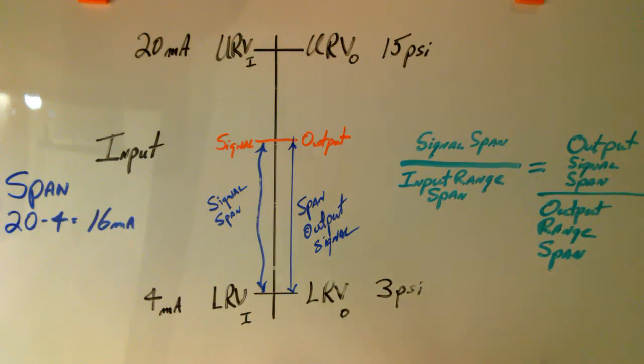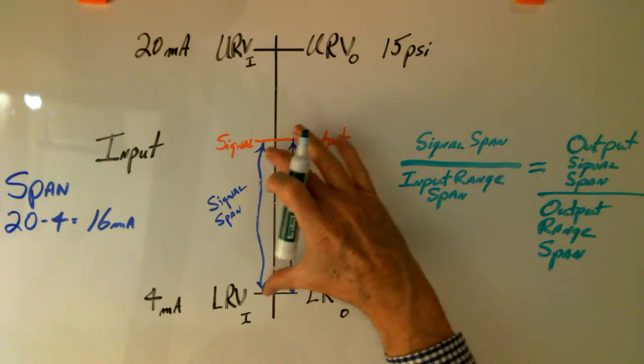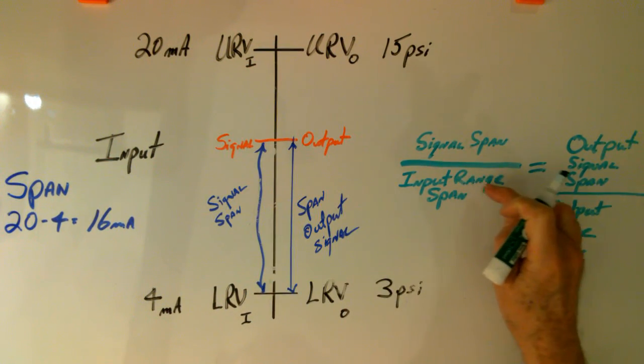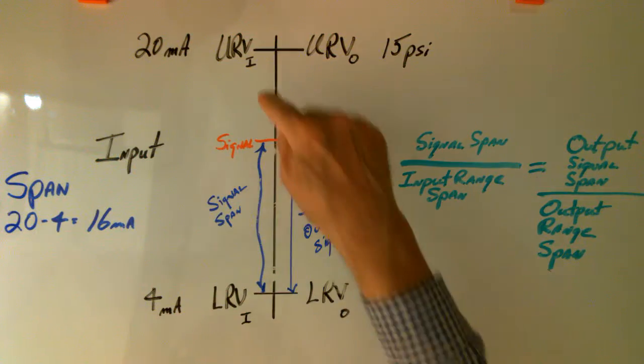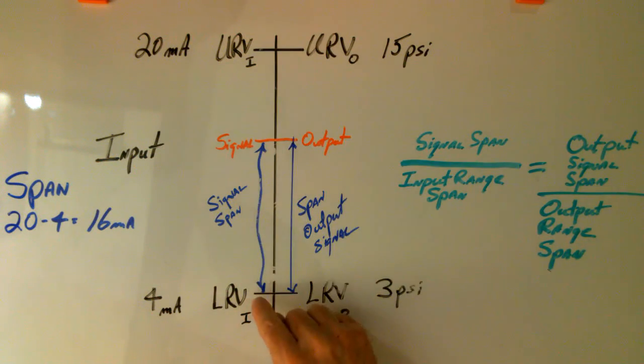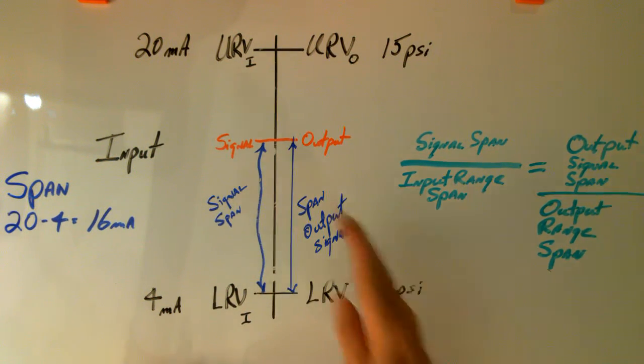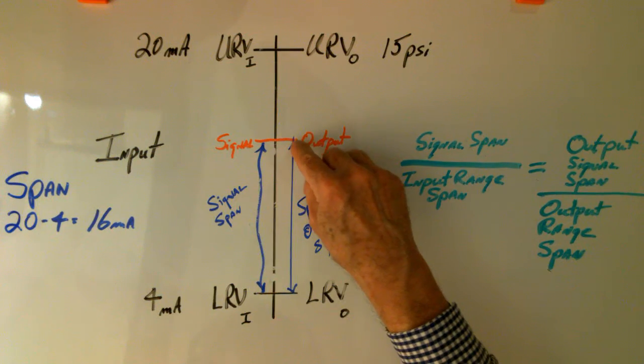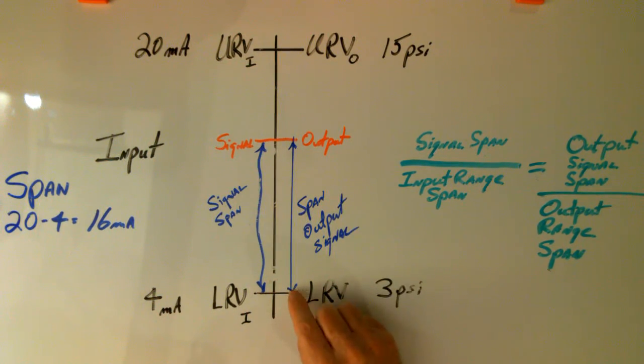Okay, so signal span is this length right here. Input range span is the distance from here to here. On the output side, the output signal span is the distance from here to here.